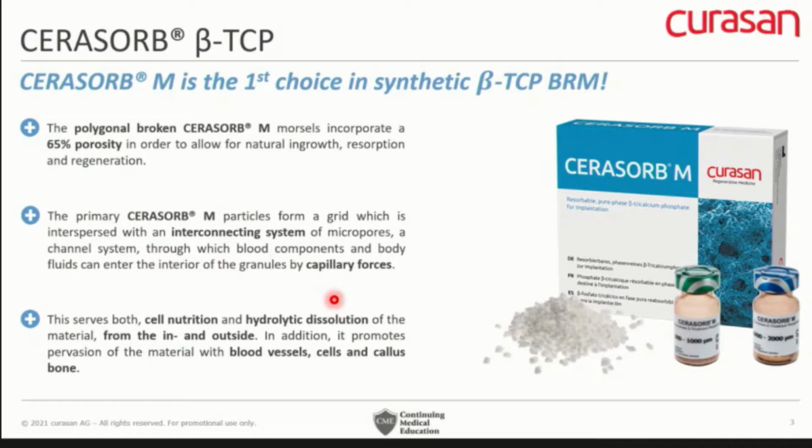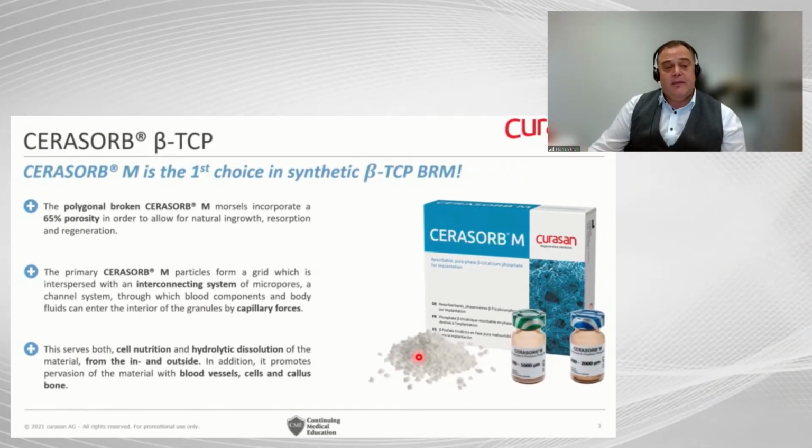The polygonal broken CERASORB M morsels incorporate a 65% porosity in order to allow for a natural ingrowth, resorption, and regeneration of the bone. The primary CERASORB M particles form a grid which is interspersed with an interconnecting channel system of micropores through which blood components and body fluids can then enter the interior of the granules by capillary forces.